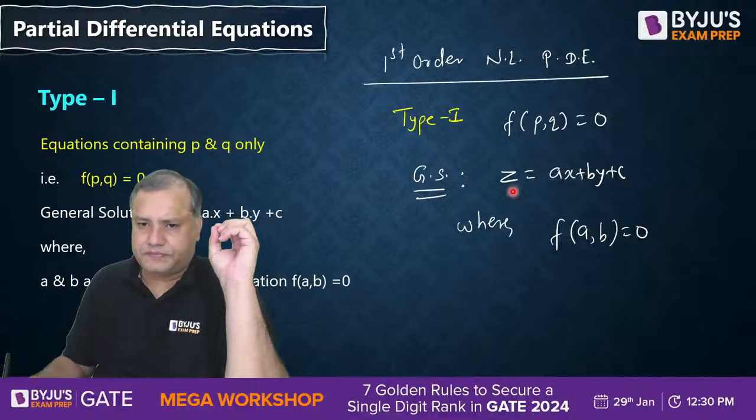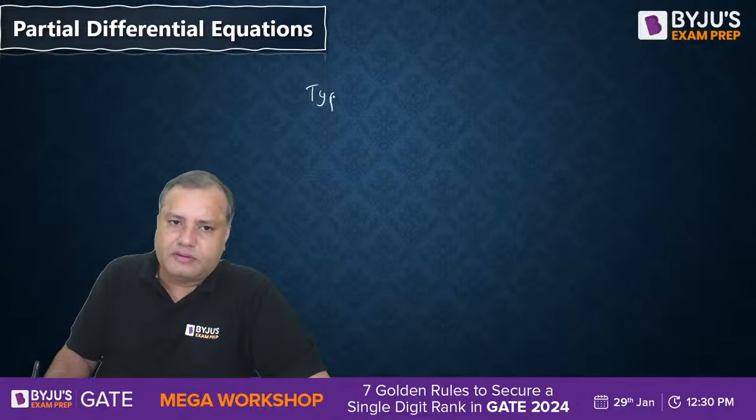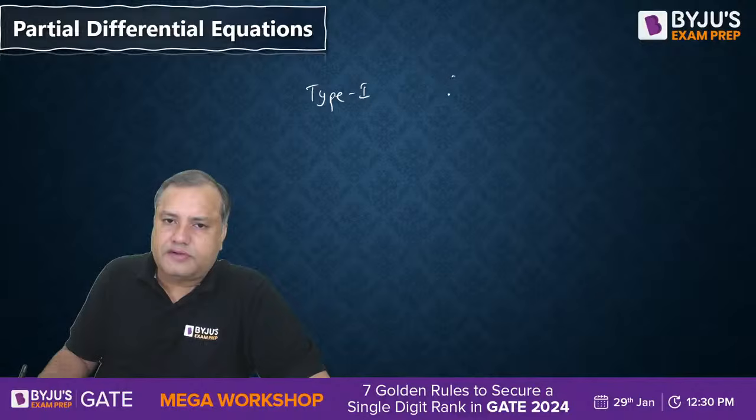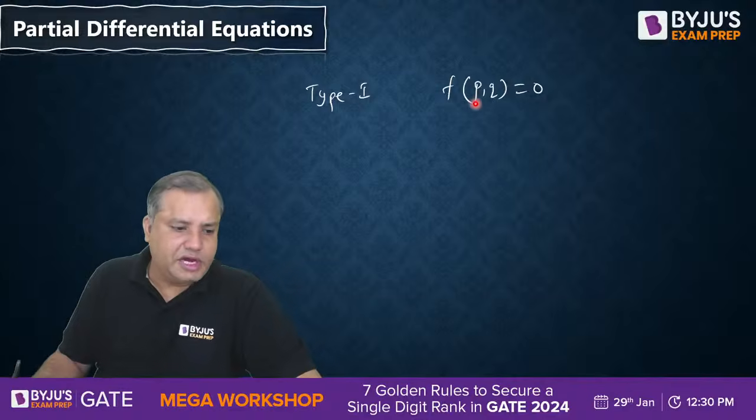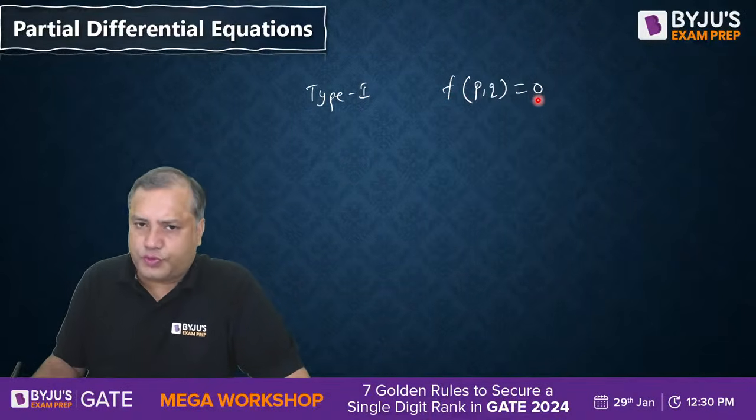Sir, once again, see here. In type 1, the differential equation will have only p and q. Of course, it should be non-linear. The differential equation will have only p and q.